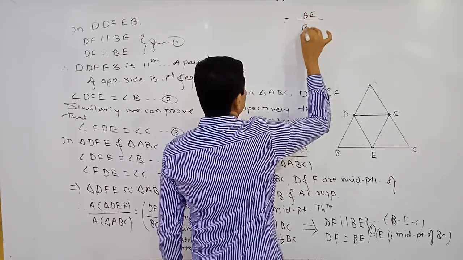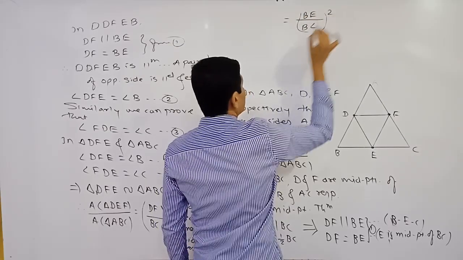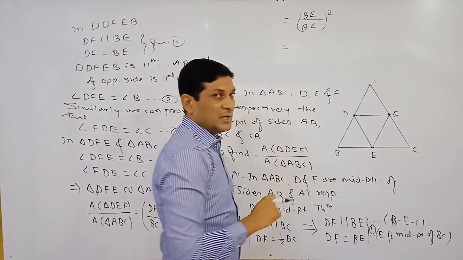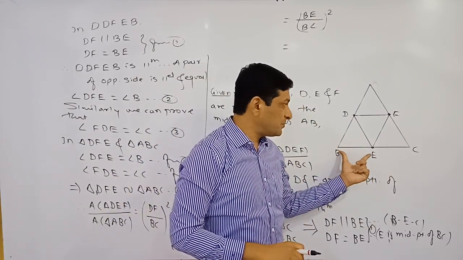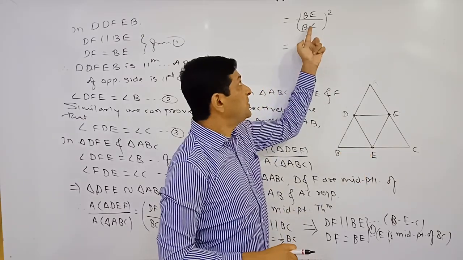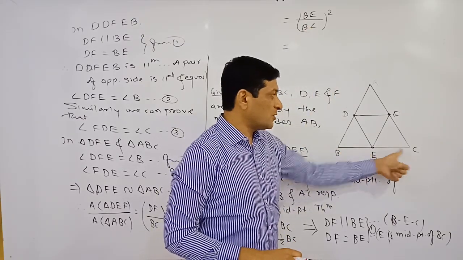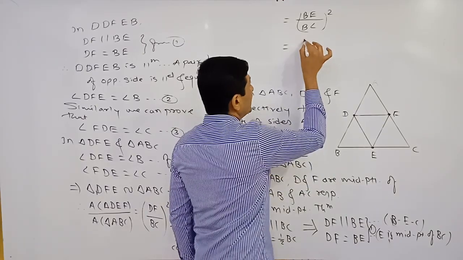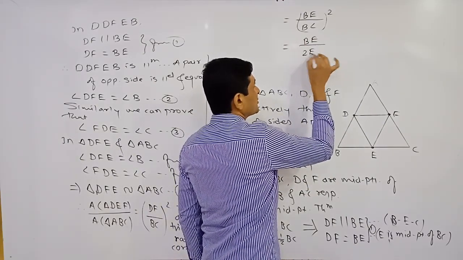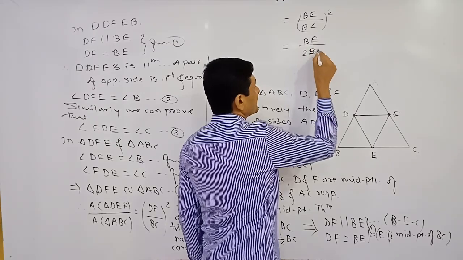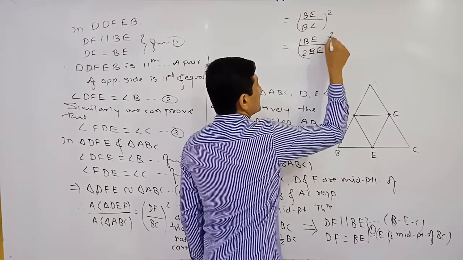In the denominator, BC keep it as it is, keep the square also as it is. Now E is the midpoint of BC, so we can say that BC will be equal to twice of BE. So in the numerator BE keep it as it is, in the denominator BC can be written as twice of BE. Keep this whole bracket square as it is.